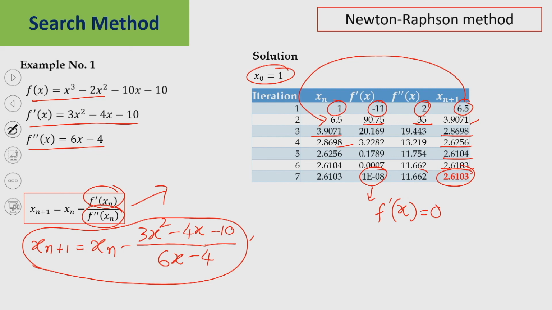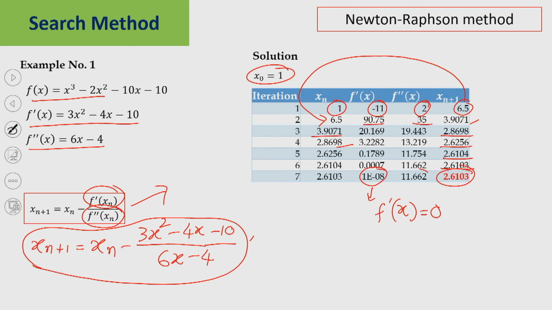The 7th iteration I am getting is 2.6103, and the derivative value at that point is 1 to the power minus 8. So, that means it is near 0, and at the optimal point the derivative should be equal to 0. So, I am getting the solution.